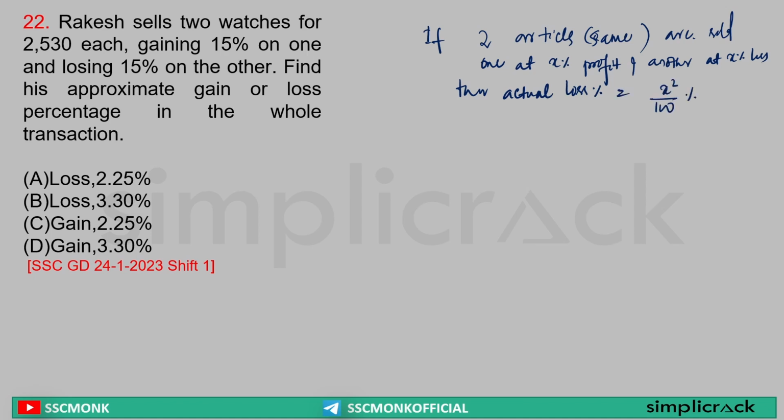Now here the trick is you are selling two articles at the same rate and at the same percentage of profit and loss. So here it will be 15 square by 100%, that is equal to 225 by 100%, which is equal to 2.25% loss. Answer option A.